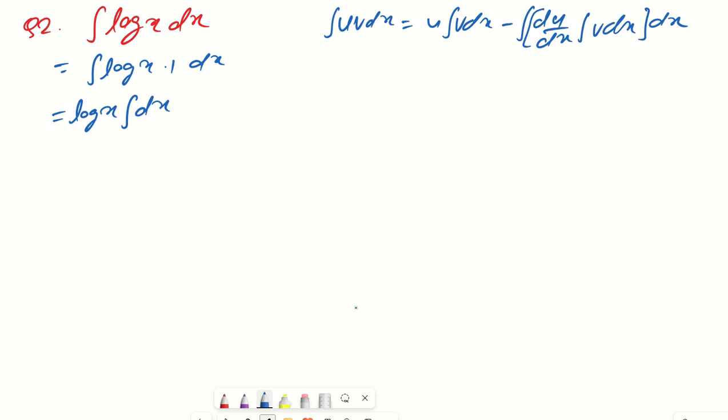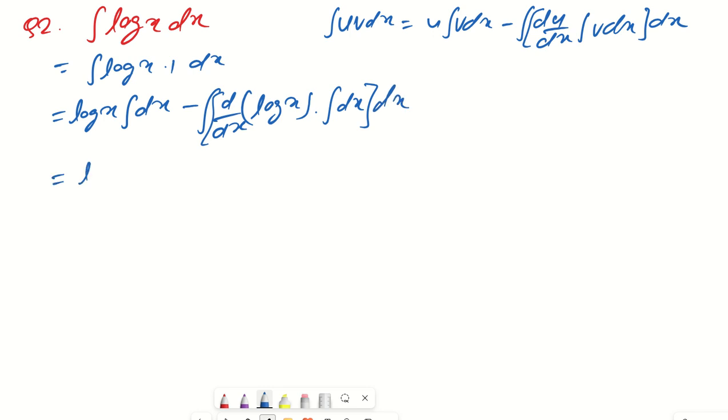Then minus integration of differentiation of what? Log x. So d by dx of log x into integration of again 1, and then whole integration. So this we are going to get as log x into integration of dx, which is just x, minus integration of, this is going to be how much?